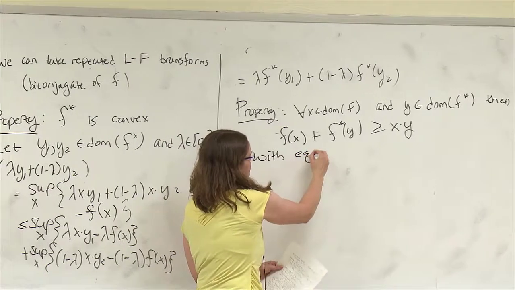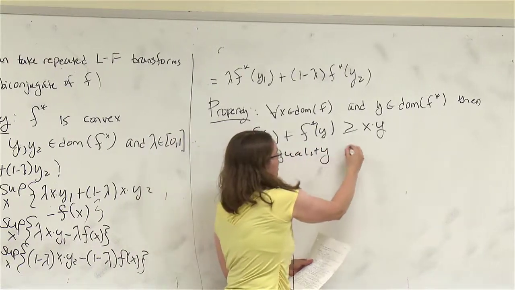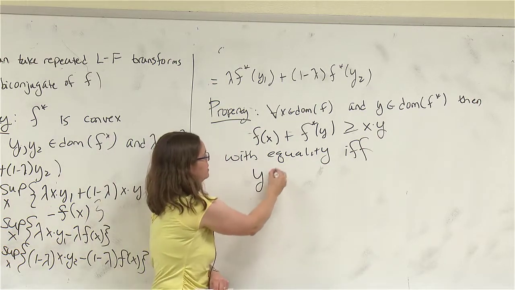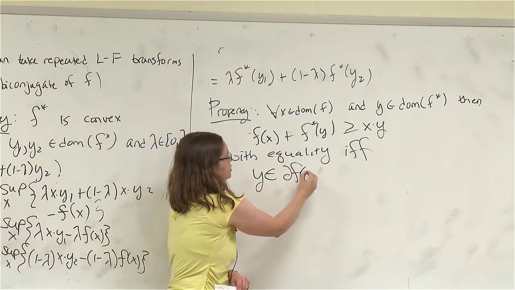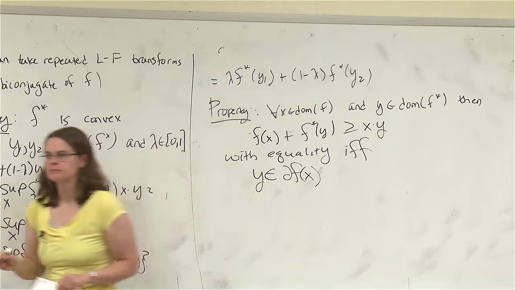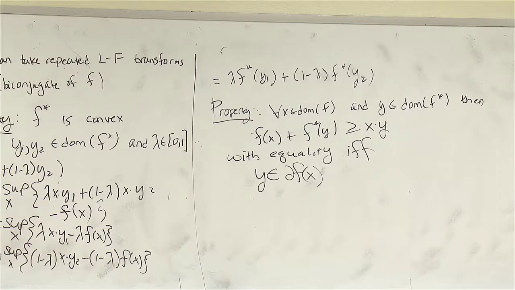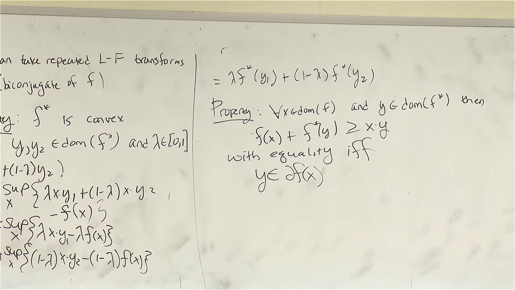We have equality if and only if y happens to be an element of the subgradient of f. When we started and said everything is differentiable and nice, that's precisely what you'd expect if we're maximizing this.